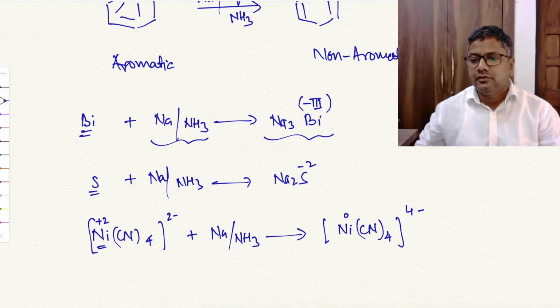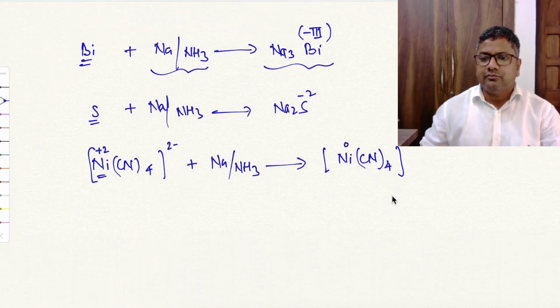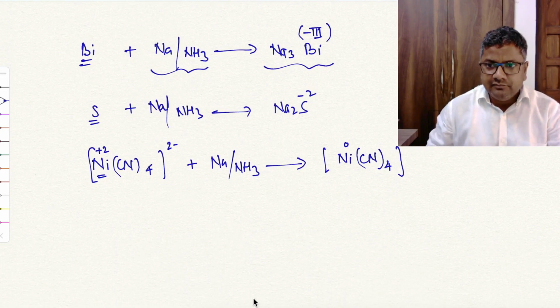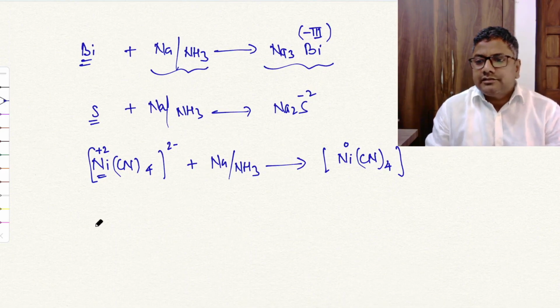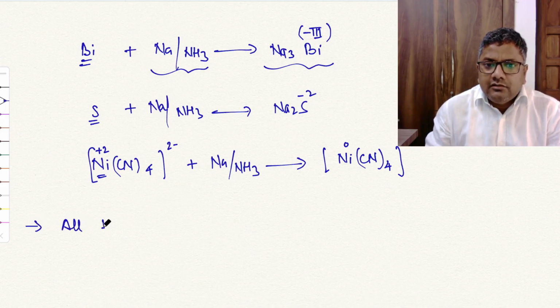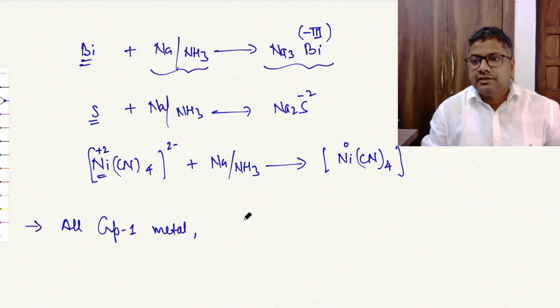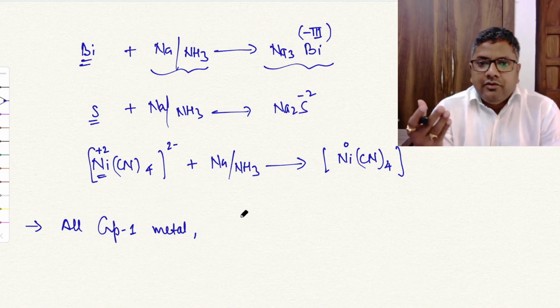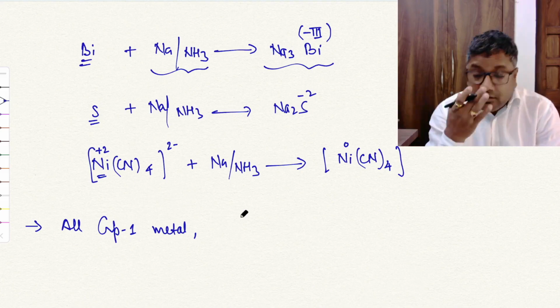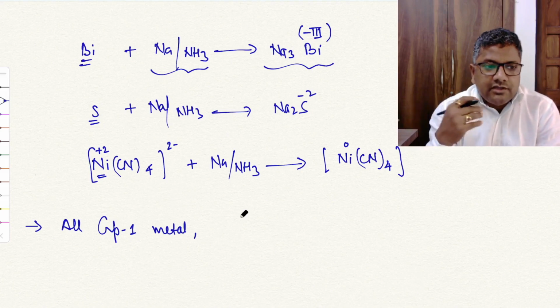Good. Now the question arises: will only first group metals show such behavior in liquid ammonia, or some others also? You can consider all group 1 metals show this property: in dilute ammonia a brilliant blue color you will observe, and with concentrated ammonia a copper bronze color you will get.